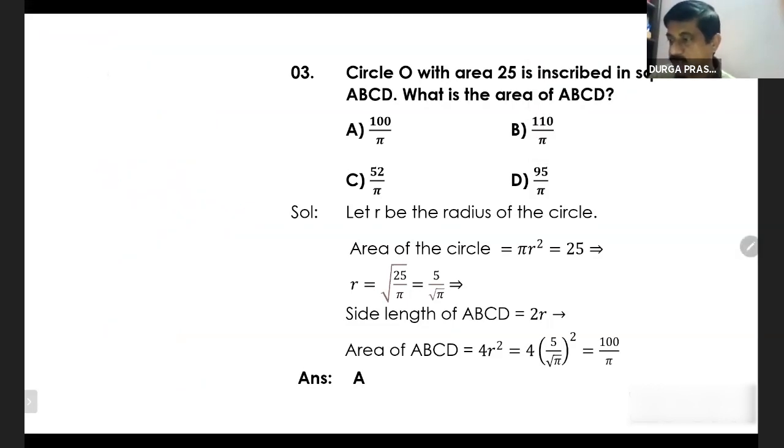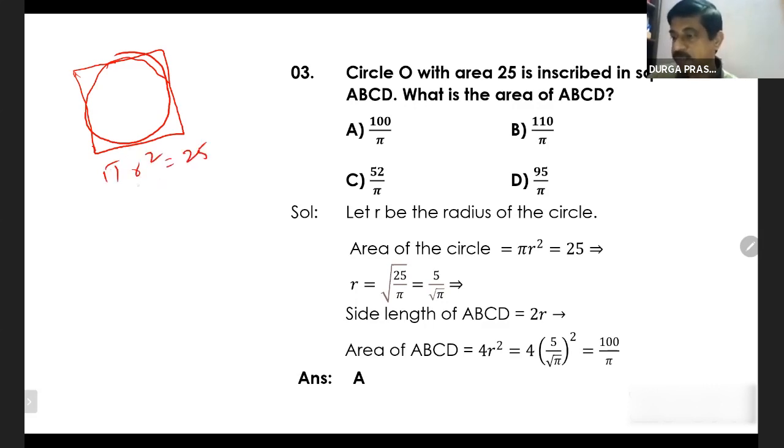If there is a square, a circle is inside the square, touching all the four sides like this. So pi r square is 25. R square is 25 by pi. So side of this is 2r.